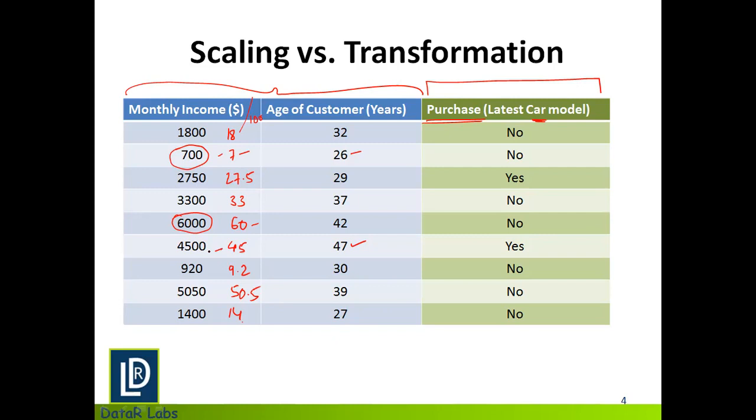While a simple technique of scaling does help in bringing down the scale quite a bit, what if I had a technique which could bring the range of the two features to exactly the same numbers? For instance, if there were a technique where monthly income was between 0 and 1, and similarly the age of customers was between 0 and 1. If I had such a technique, wouldn't it be a fantastic thing to have?